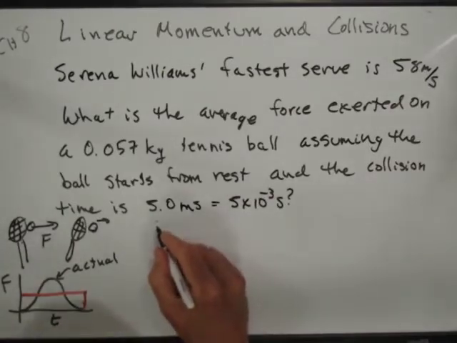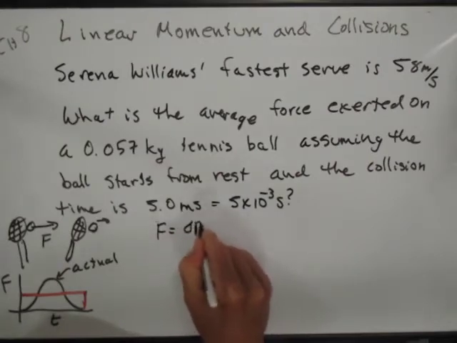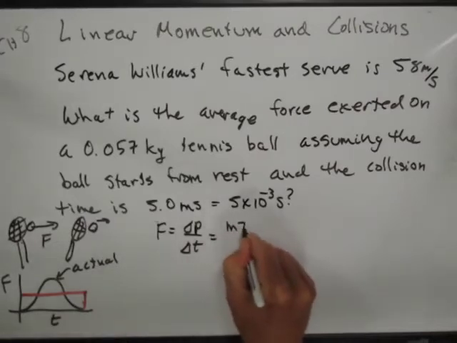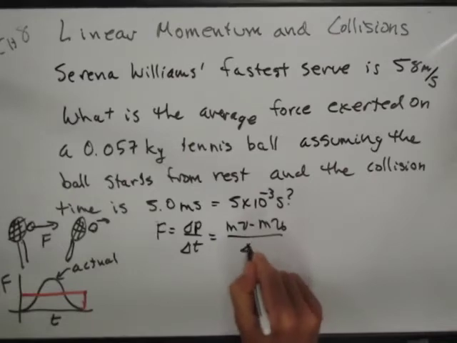So we can say the force is equal to the change in momentum over the change in time, and that's equal to mass times the velocity minus mass times the initial velocity over the change in time.